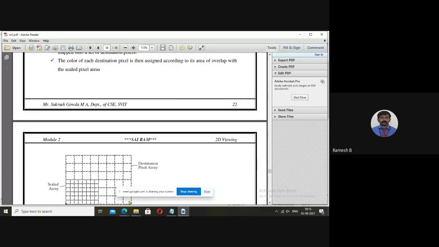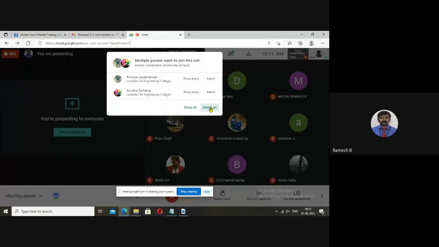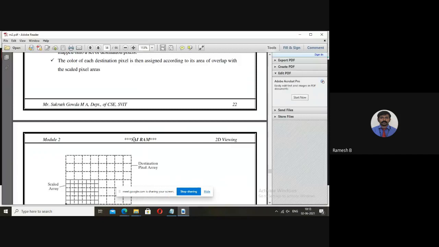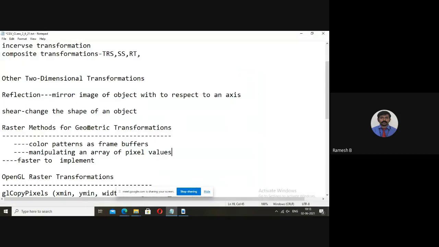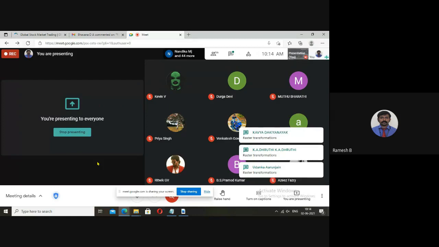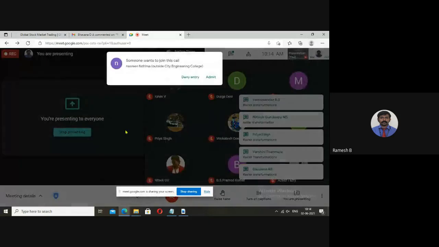Please type me raster transformations, every one of you. I'll wait for your inputs. Good Venkatesh, good Mayur, good Kafya, good Udank, good Vamshi, good Dhruti, good Priya.